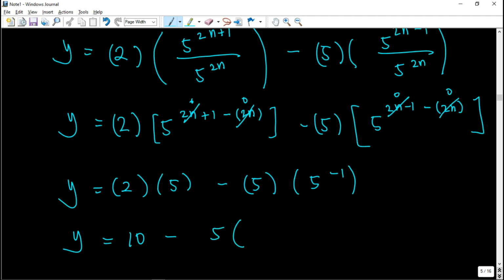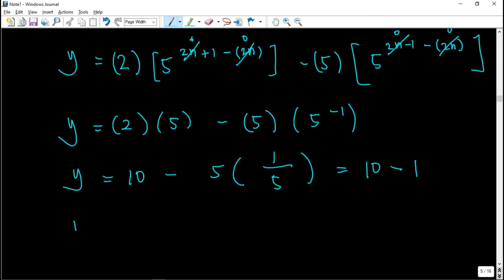Then, pag negative yung exponent, recalling the laws of exponent, you just let this as your denominator, 5 raised to 1. Wag nang ilagay yung 1. So, this becomes 10 minus, 5 times 1/5, that is 1. Therefore, y is just equal to 9. This is the final answer for this problem.